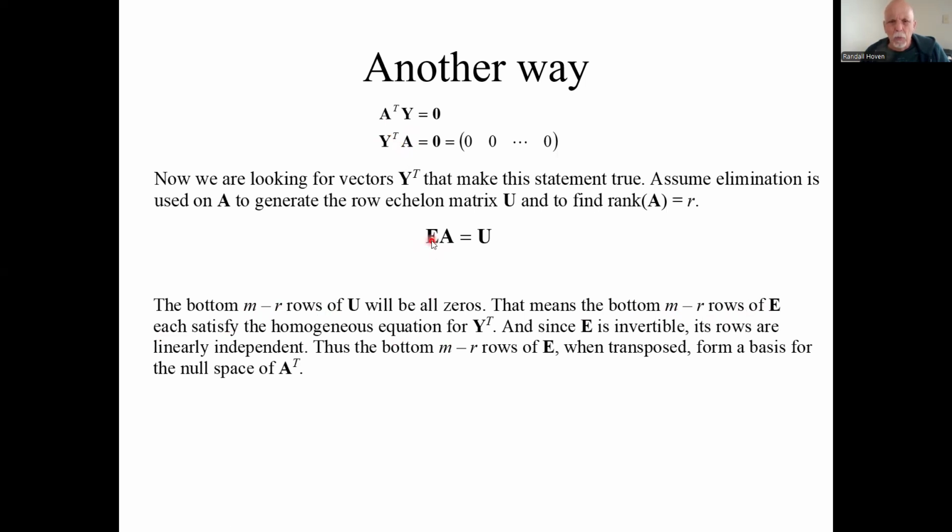You know, the rows of E that correspond to the all zero rows of U satisfy that they're a y transpose.